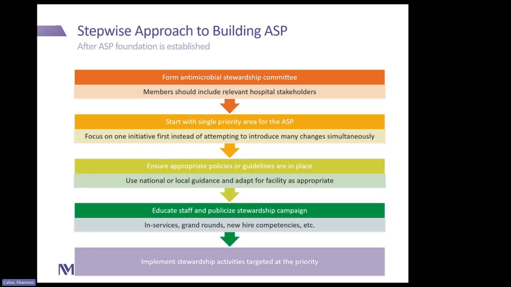In the beginning, that might be a small group: the stewardship pharmacist, the medical director of stewardship or a physician champion, and anyone else who is interested, whether that be other pharmacists, infection prevention, or microbiology. But having a group started and having people to bounce ideas off is critical so that moving forward with initiatives, you have buy-in from multidisciplinary groups. If possible, hospital stakeholders are important to have in the committee as well.